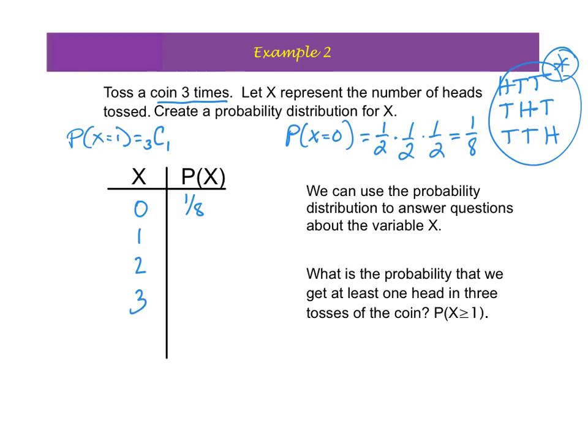So again, 3 choose 1. The probability that the first is heads is 1/2, times the probability the second is tails, another 1/2, times the probability the third is tails, that's another 1/2. So I'd have 3 times 1/8. This is 3/8.